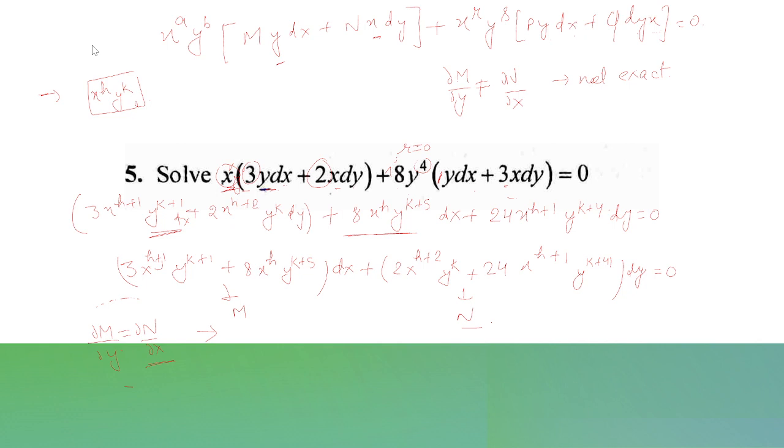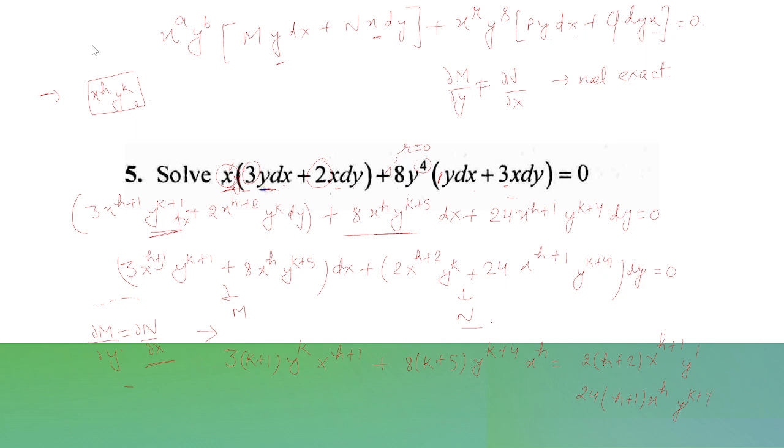We get a result: 3 into k plus 1 into y raised to power k x raised to power h plus 1 plus 8 into k plus 5 into y raised to power k plus 4 into x raised to power h equal to 2 times h plus 2 into x raised to power h plus 1 into y raised to power k plus 24 into h plus 1 into x raised to power h y raised to power k plus 4.